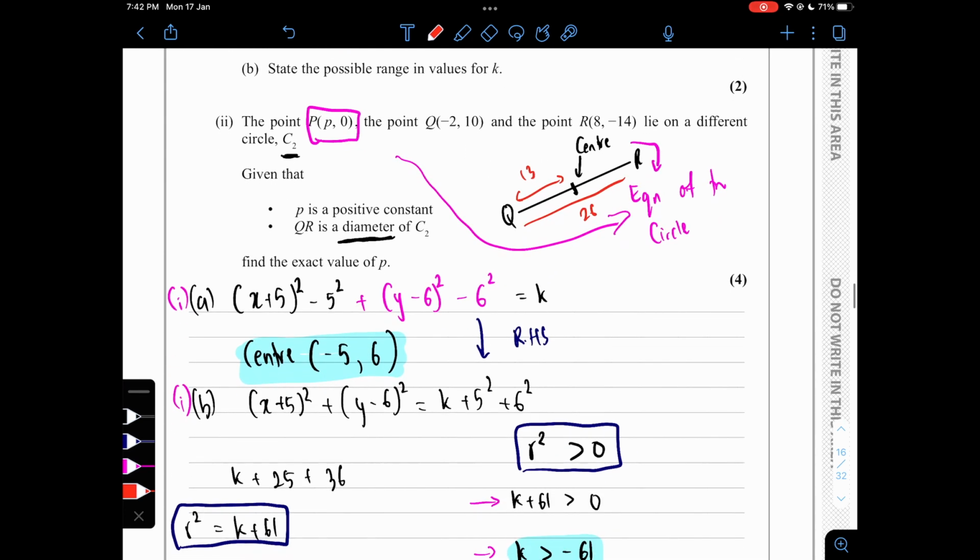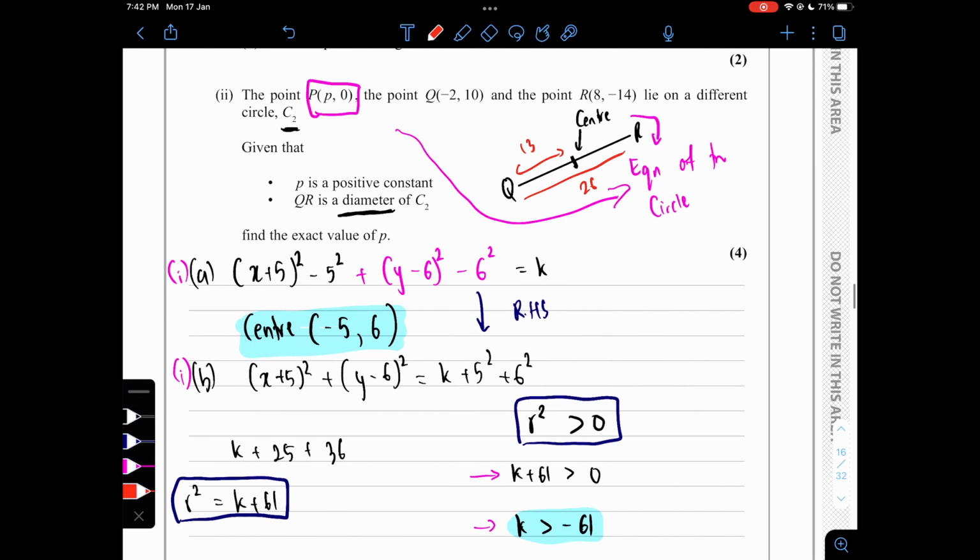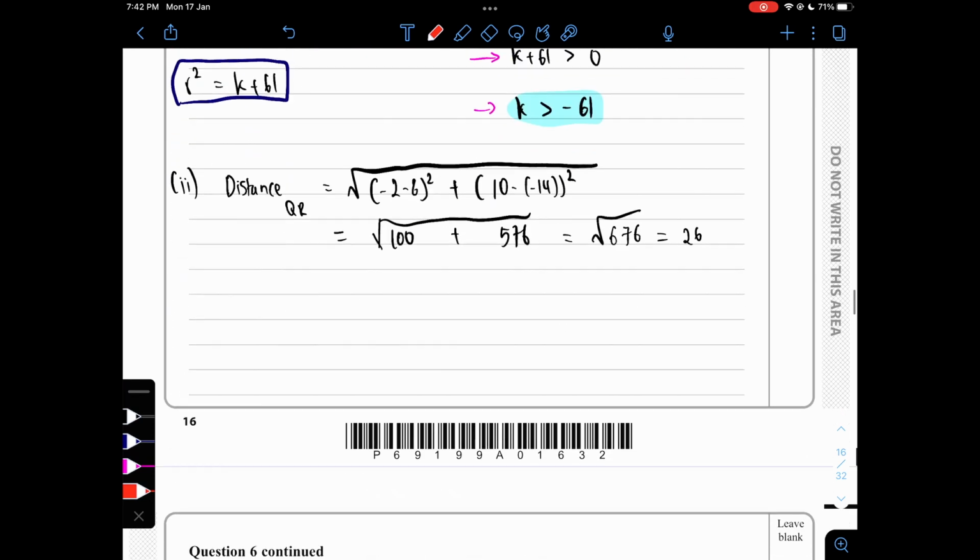Okay, what about the center? We can easily find the center. The center is just the midpoint. We just add the coordinates. Let's write Q here so we remember. Q is minus 2 and 10, and R is 8 and negative 14.